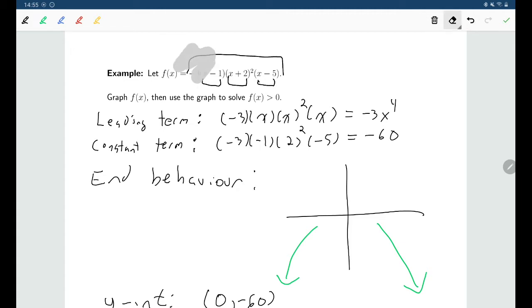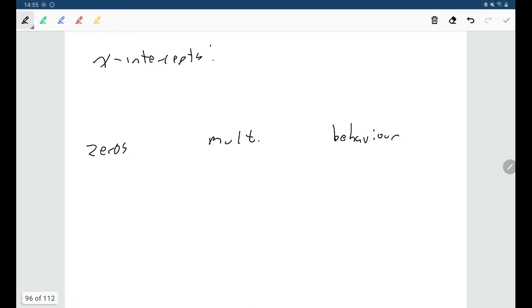So we have 1, -2, and 5. Those are our zeros for this polynomial. So our zeros are 1, -2, and 5. Our x-intercepts: (1, 0), (-2, 0), and (5, 0).